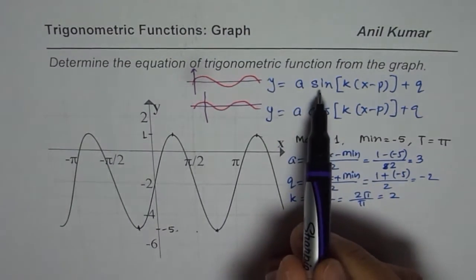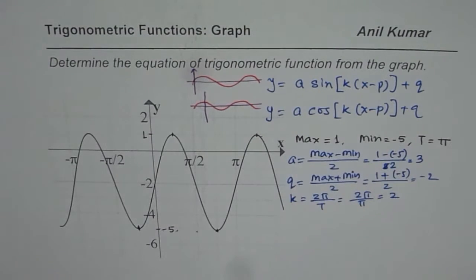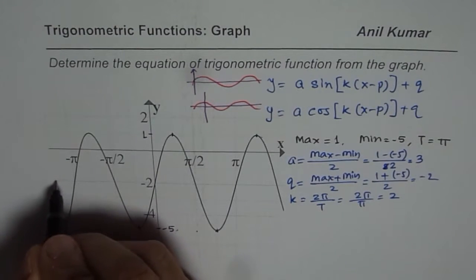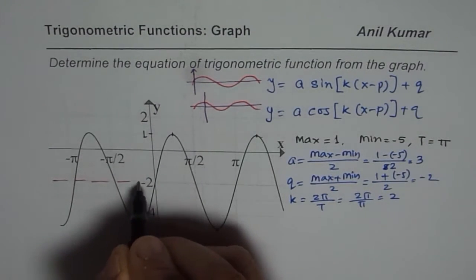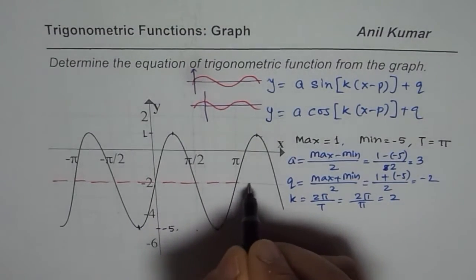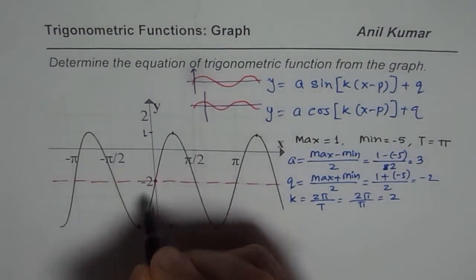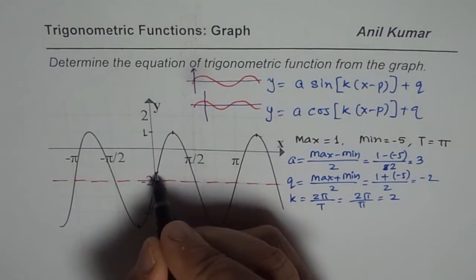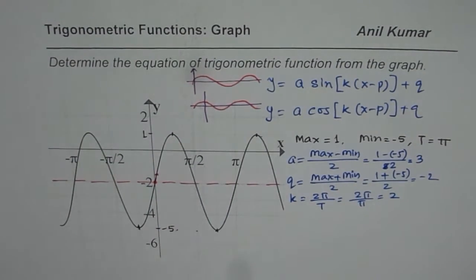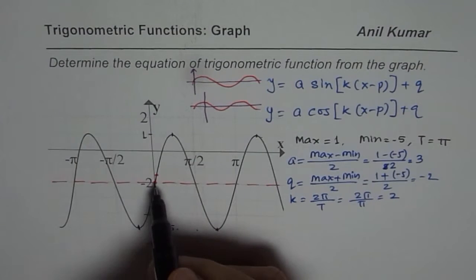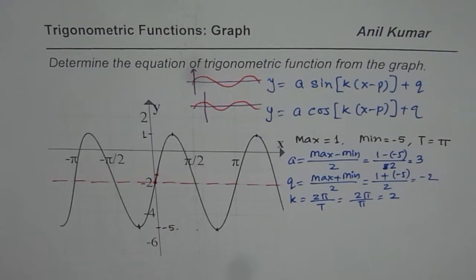So if I have to write the sine equation, I have to sketch the horizontal axis, which in our case is at minus 2. So that is the axis at minus 2, and we locate a point from where the sine wave starts. That is where it starts, so there is no phase shift. Here the phase shift is 0. It just rises from the axis.